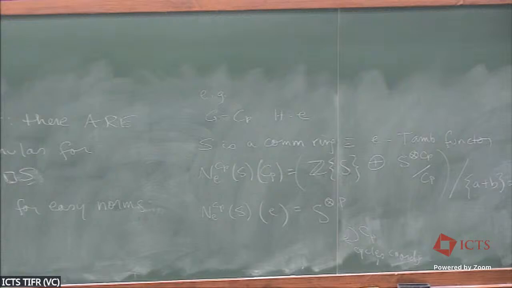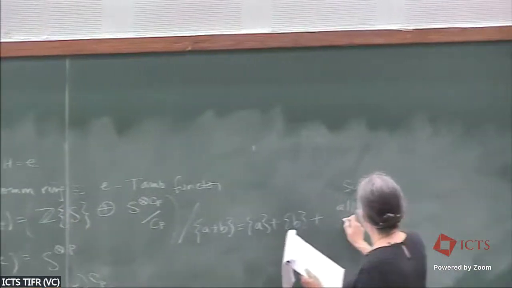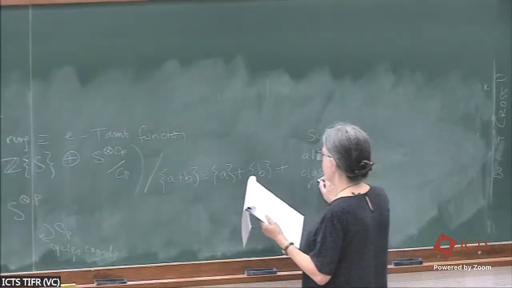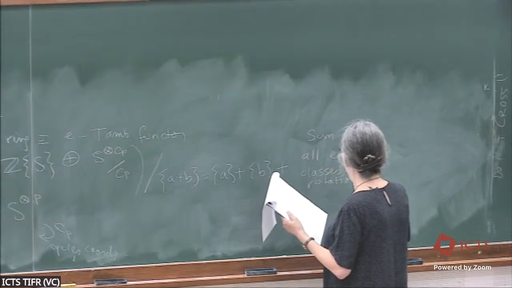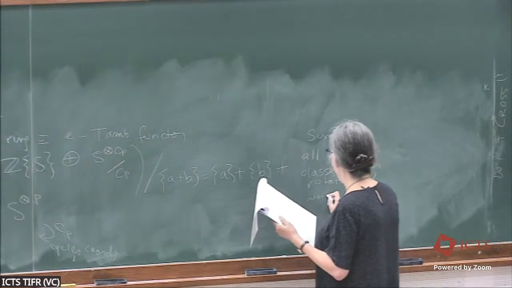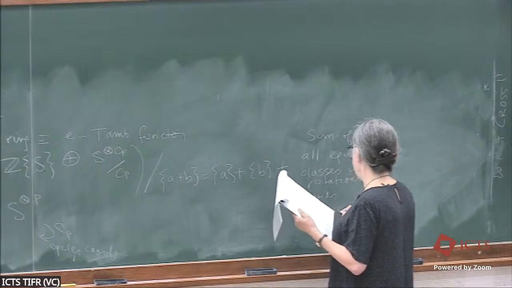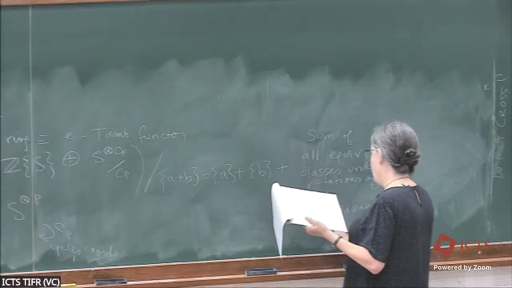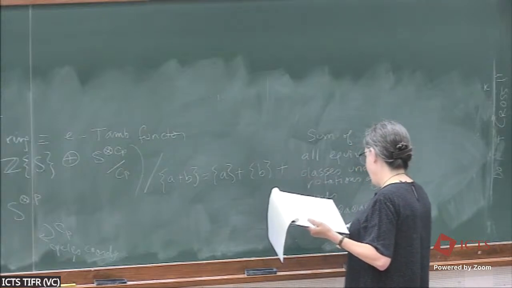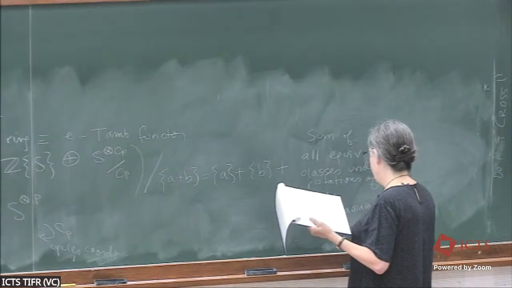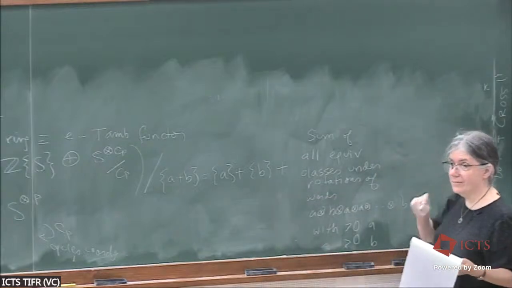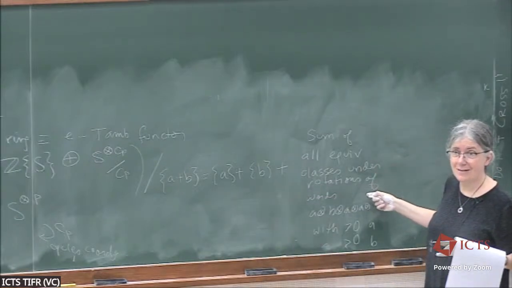Sum of all equivalence classes under rotations of words like A tensor B, tensor A tensor A, tensor whatever, with at least one A and at least one B. It comes from the previous, that's why it's the same, right?